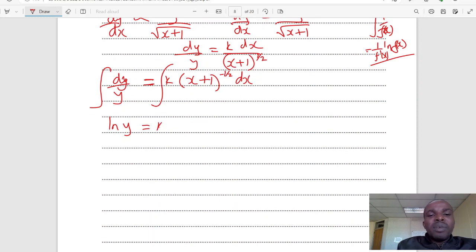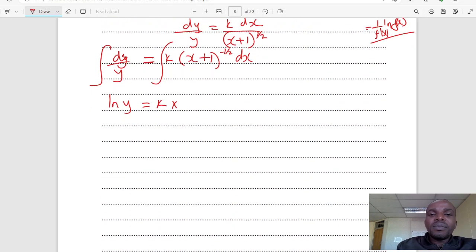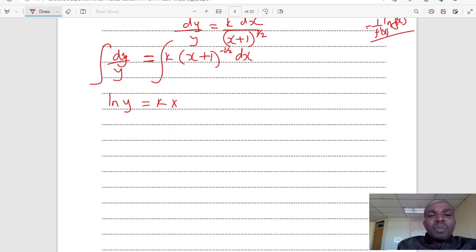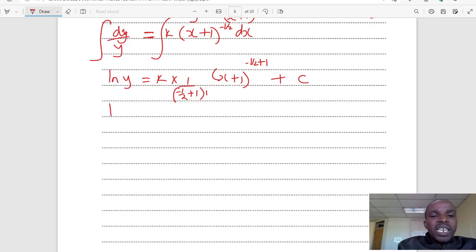Then this part, I maintain my k, then times. Right, integration of this type, I say 1 over minus half plus 1, then times the derivative of x, which is 1. Then you maintain x plus 1 to the power minus half plus 1, then plus a constant of integration. Then it will be ln y.